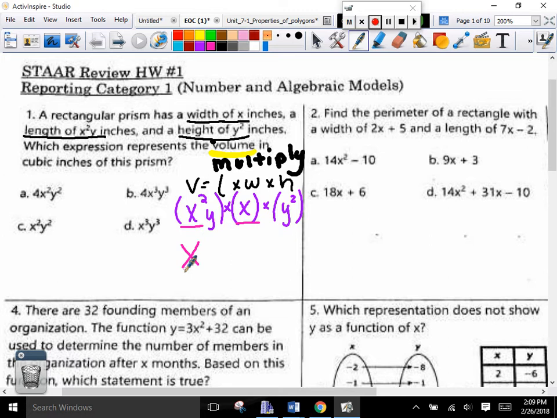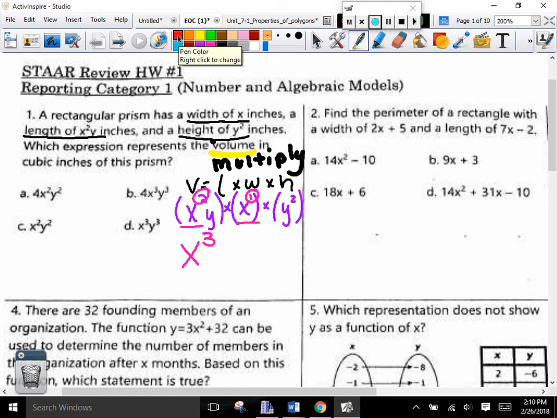And every time that I'm multiplying, I am going to add my exponents. Now notice how the x on width does not have an exponent, so I'm going to put an exponent of 1. So I am going to add my exponents: 2 plus 1 gives me a 3. So x with an exponent of 3.